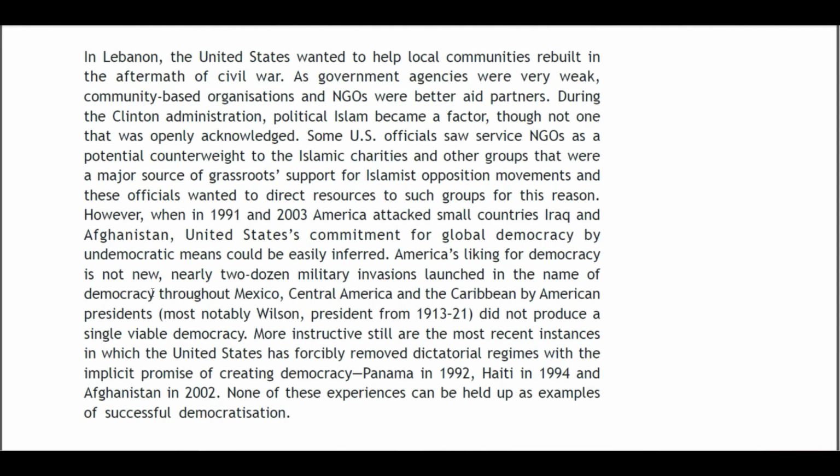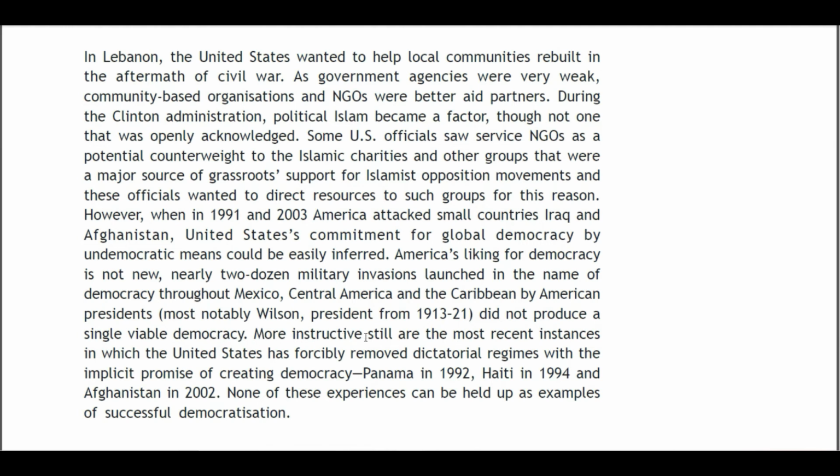America's liking for democracy is not new. Nearly 24 military invasions launched in the name of democracy throughout Mexico, Central America, and the Caribbean by American presidents, most notably Wilson, president from 1913 to 1921, did not produce a single viable democracy.